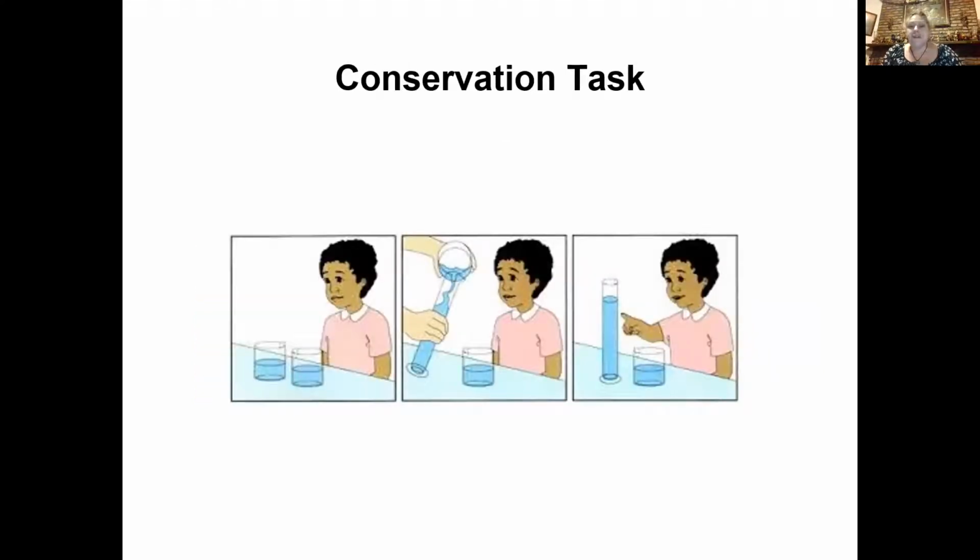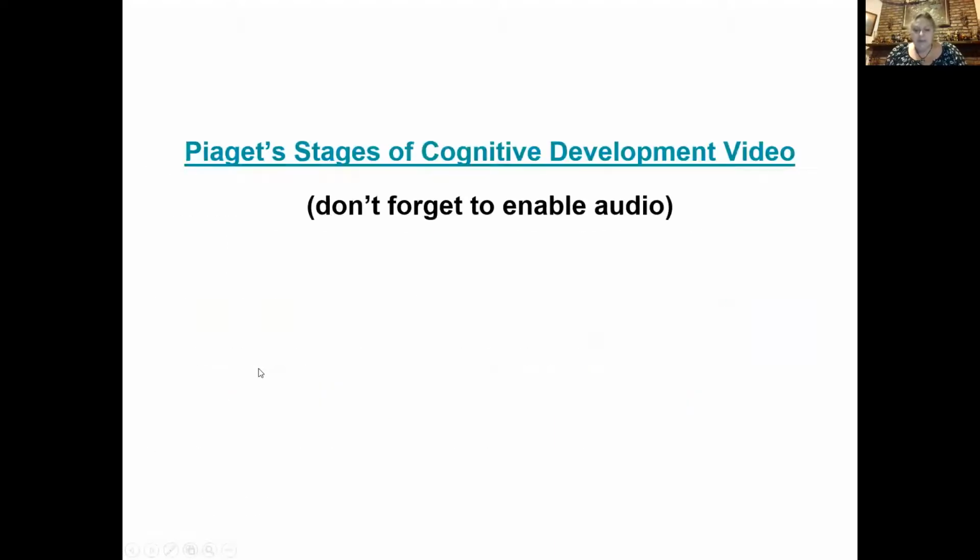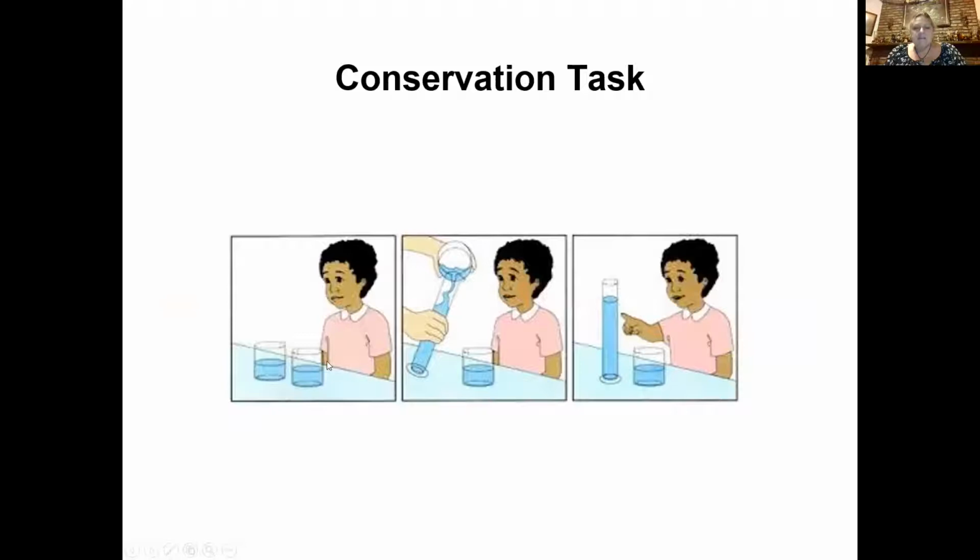The conservation task is a task where you would have two glasses, as we see in this first illustration. We have two glasses with the same amount of liquid in them. The liquid from one glass is poured into a tall cylinder.